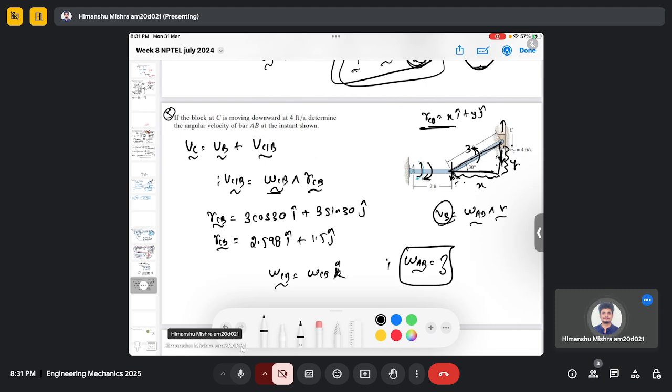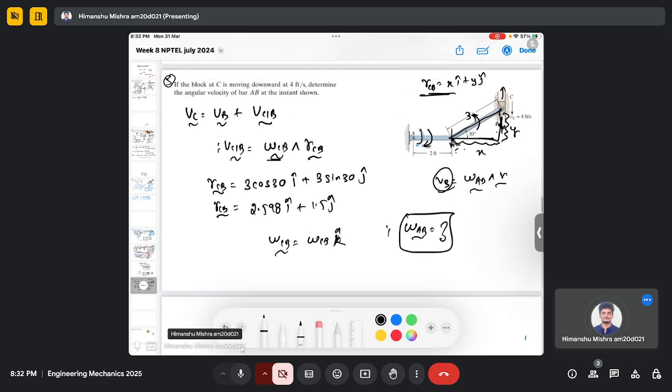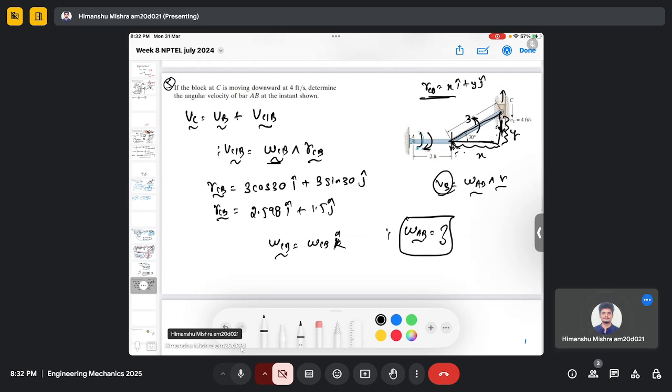This is the objective, omega AB. VC we know. VC is minus 4 in the j direction. You can see here it is 4 feet per second going downward, which means minus 4j. So this is the velocity vector at point C.